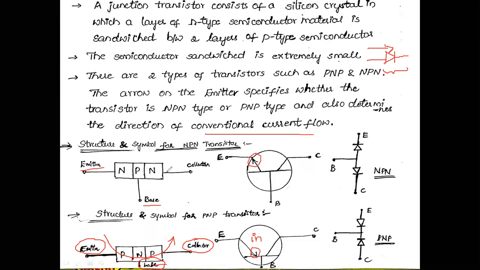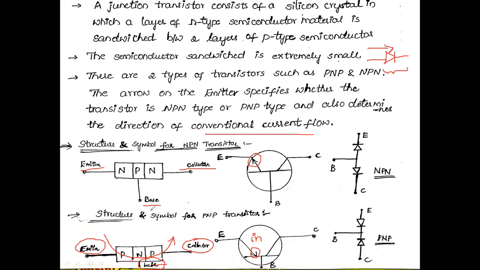And from the other n layer, another terminal, that is collector terminal. Emitter, base and collector. First transistor type is PNP, second is NPN. How to create the layered diagram of both transistors we have seen.